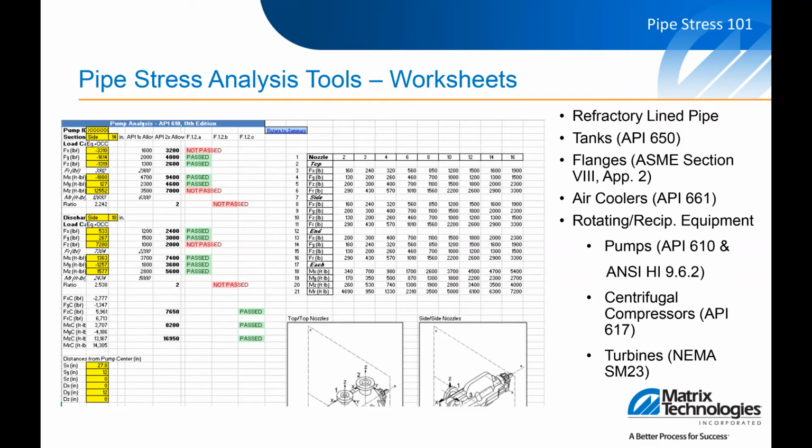We can look at flanges in greater detail, pumps, centrifugal compressors, turbines. All of those we've developed worksheets for to help us keep track of those allowables, how the allowables are calculated, what's going on with those pieces of equipment.